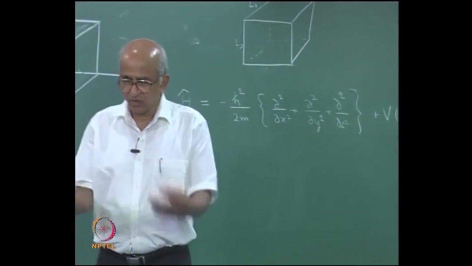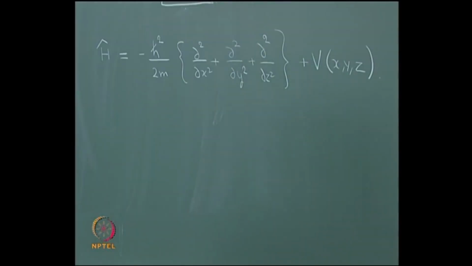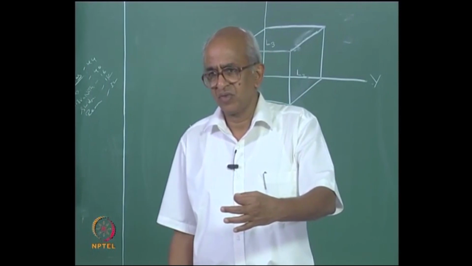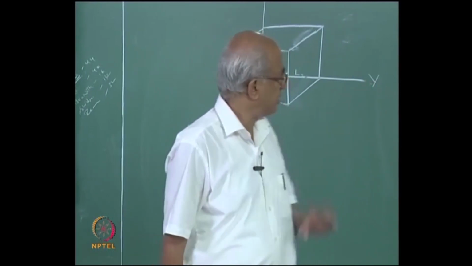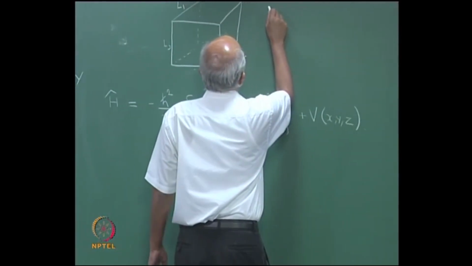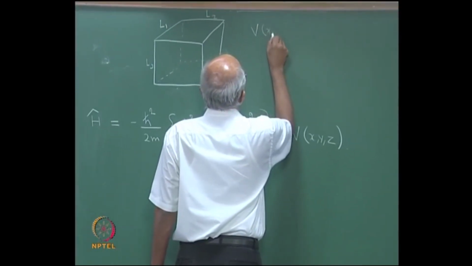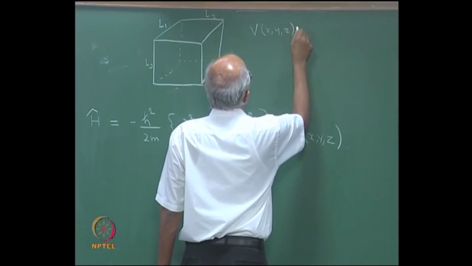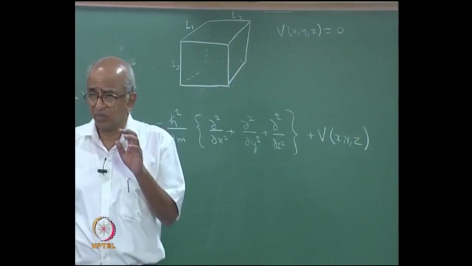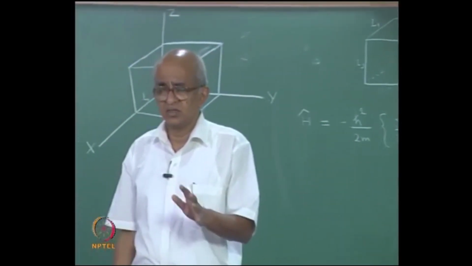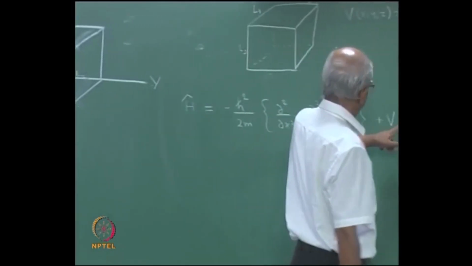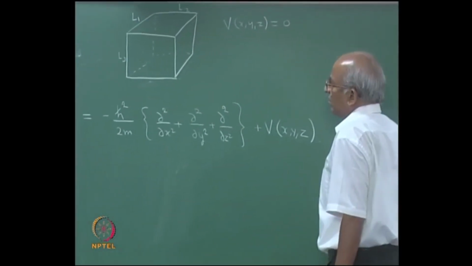But I have already told you what the potential is going to be. If the particle is inside the box, V will be taken to be equal to 0. So, let me write it here, V(x, y, z) is equal to 0 when the particle is inside the box. So, what does it mean as far as x, y and z are concerned?